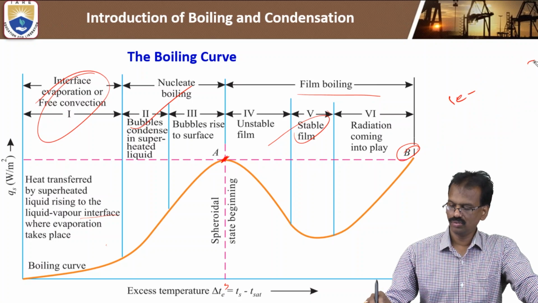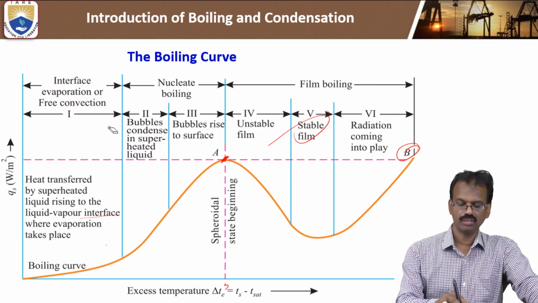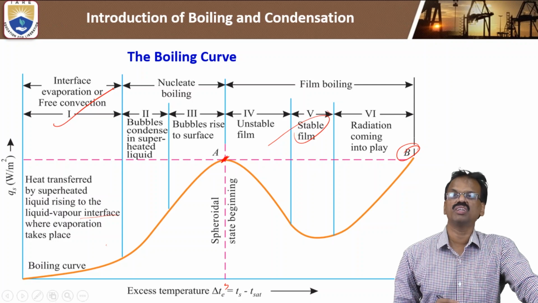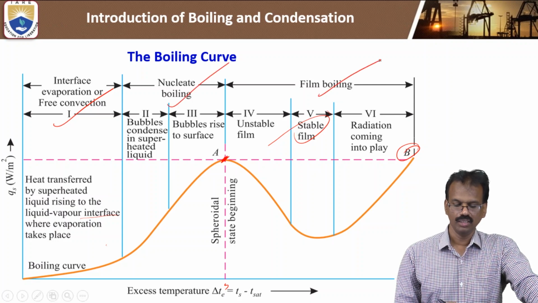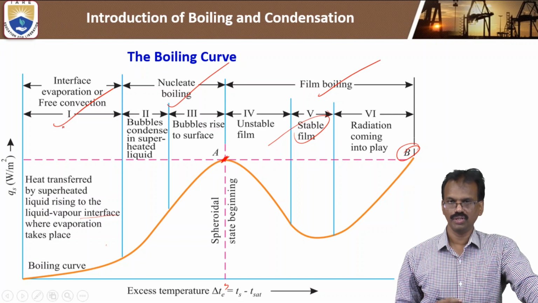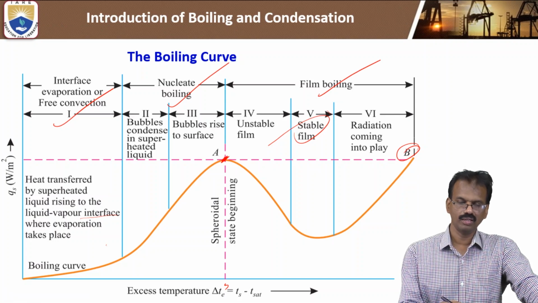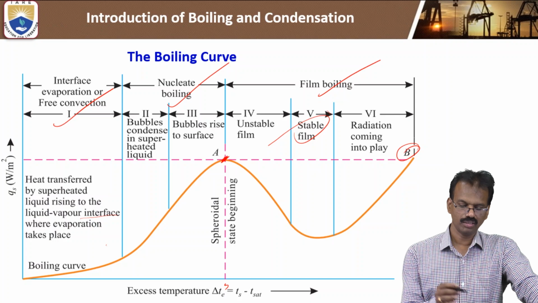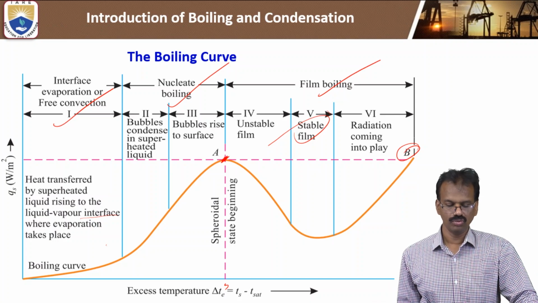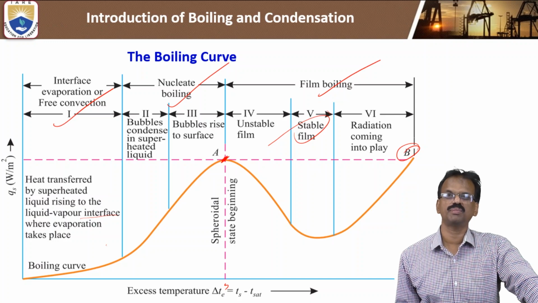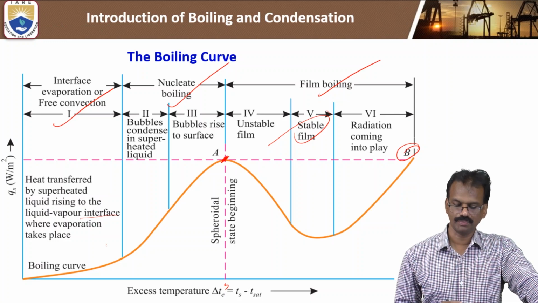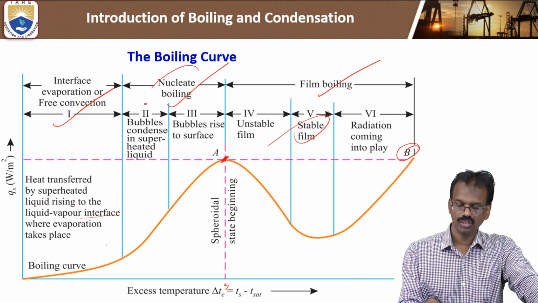In boiling, three phases are there. One is the free convection phase, another is the nucleate boiling phase, and the third is the film boiling phase. In free convection, heat transfer takes place by free convection, and at the top of the fluid we see the boiling process, meaning evaporation. The second phase is nucleate boiling.